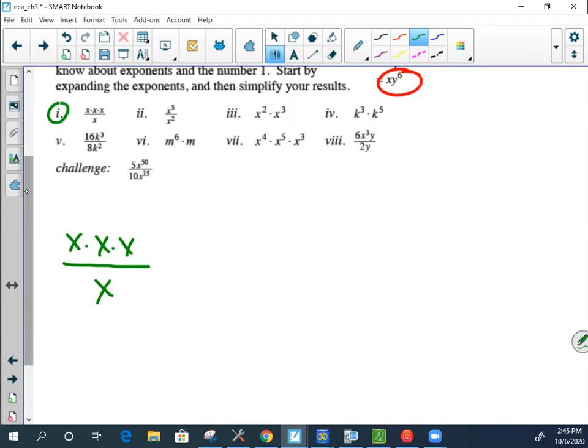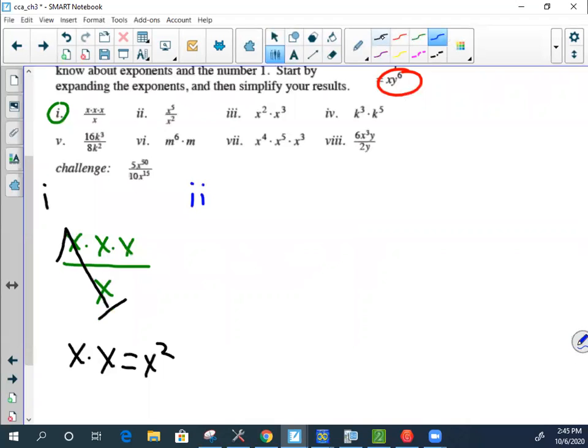If I know I have something on the bottom and something on the top, I can divide them to be 1. So here, those divide out to be 1. And I am left with x times x, which is equal to x squared. So that is how I complete number 1.